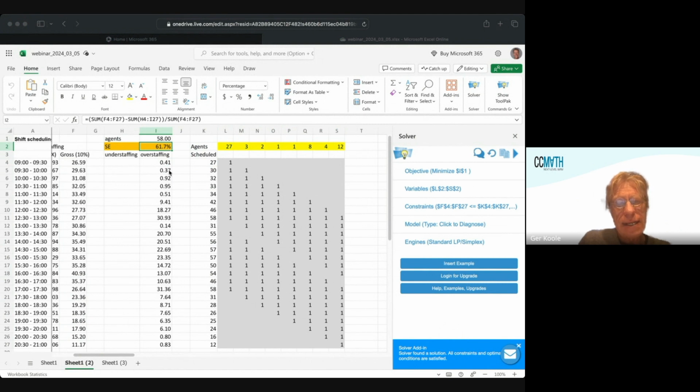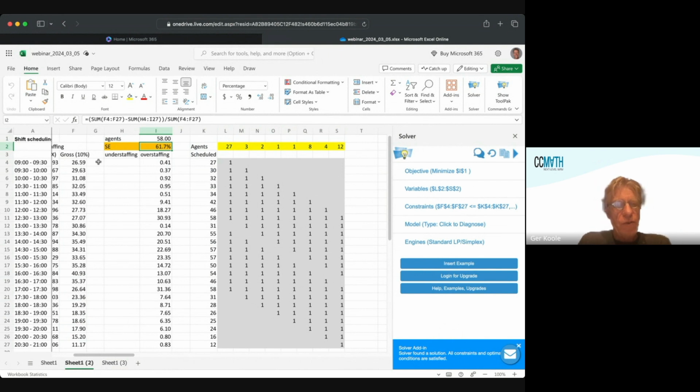So how can you improve this? Well, there are different ways. We're going to talk about them in a second. But one way I would like to show you right now, and that is my last sheet. And that is by introducing part-time shifts.